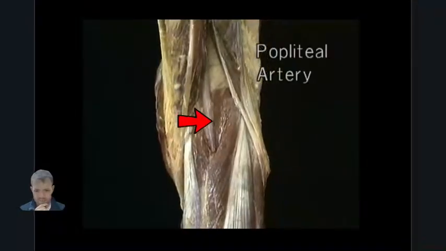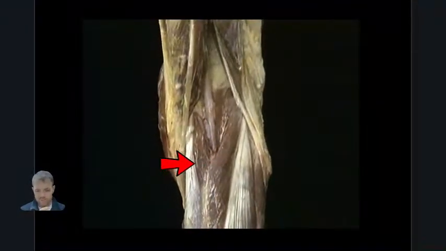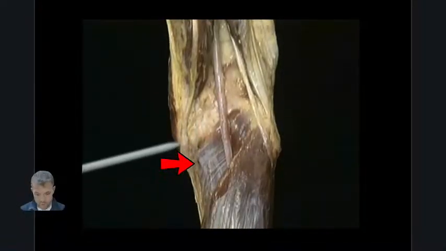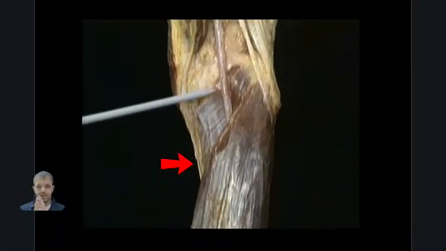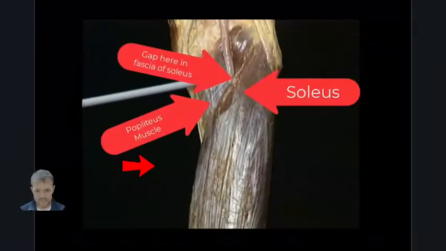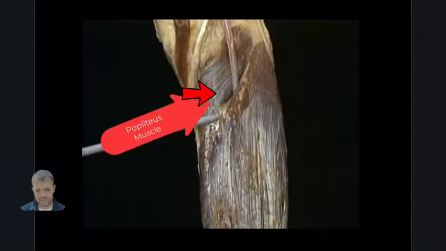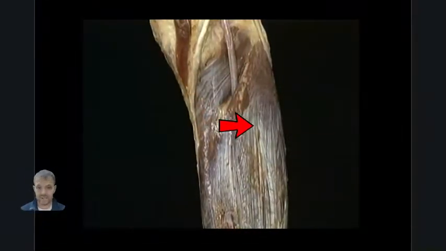Okay, so popliteal artery. These are your gastrocs, gastrocnemius, where they split. There they have gone, so now you can see how deep this artery is. It's underneath your gastrocnemius, and then you might also recognise these muscles. That's your soleus. There's your popliteus. So you can see it's deep to your soleus as well.